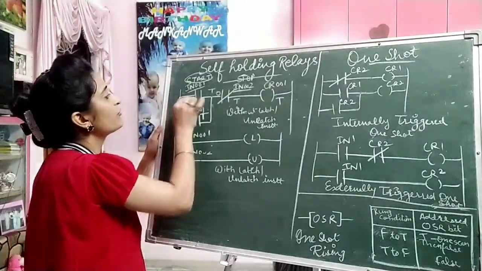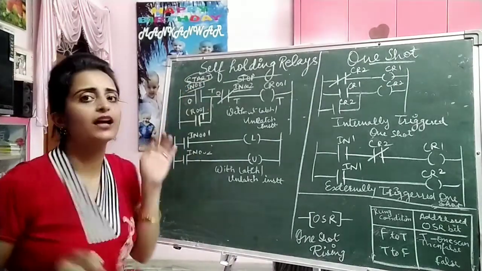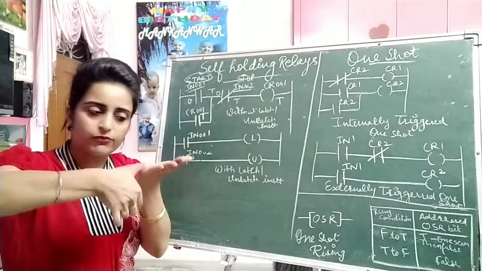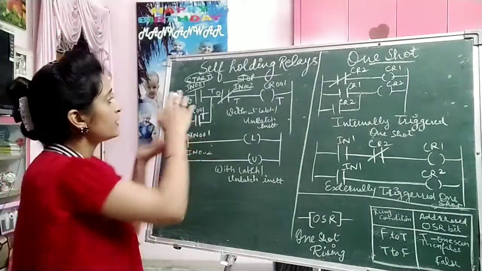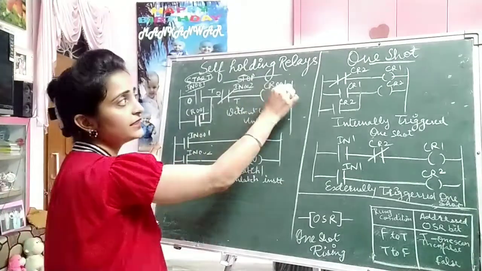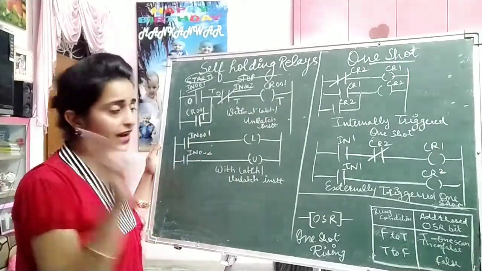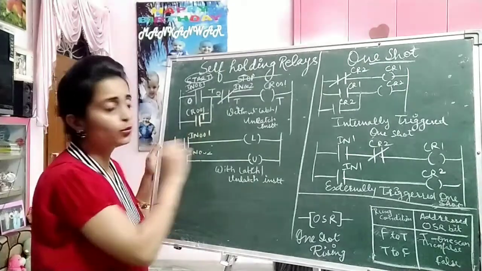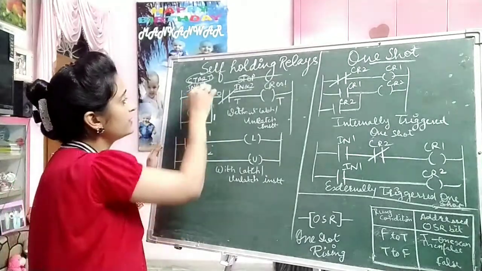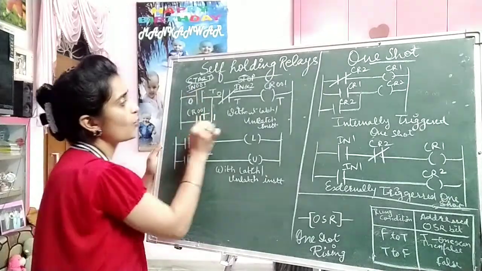And now when this output is true, even if we have released the start switch that we had pushed earlier, then here the input will become 0, but this CR001 is energized, and here we are getting 1, a true output, and they are in OR logic.